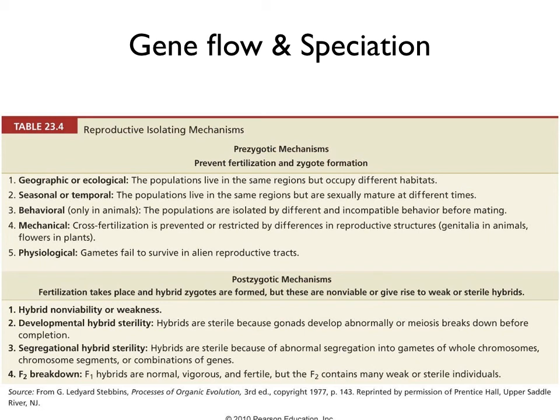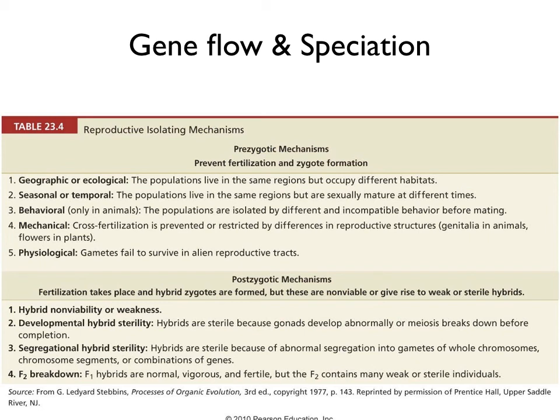There are also mechanically isolating mechanisms that prevent organisms from creating a zygote. You can imagine a wolf and a mouse cannot create offspring because they are physically incapable of reproducing, okay?